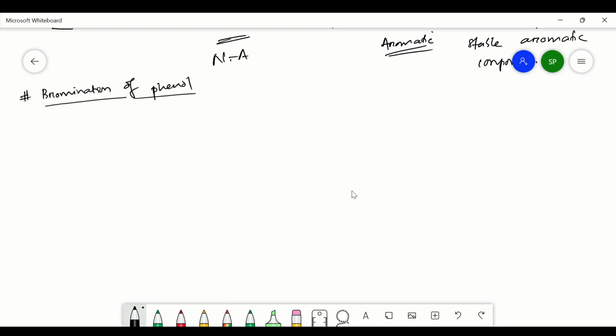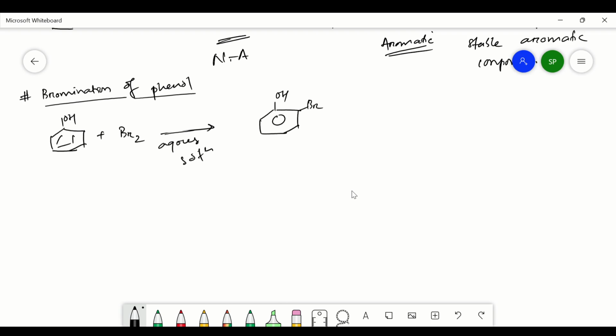If we carry out the bromination of phenol in aqueous solution, there will be formation of 2,4,6-tribromophenol. This is tri-substituted.